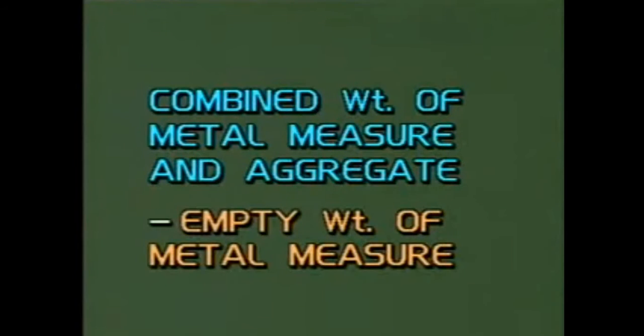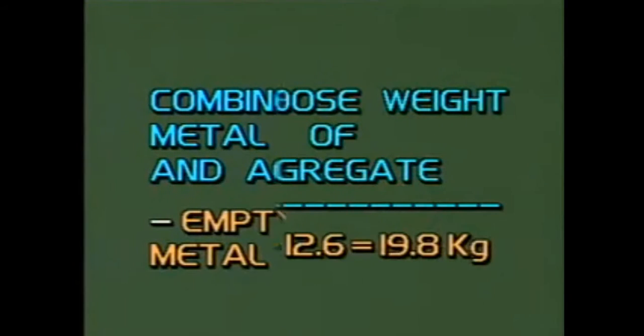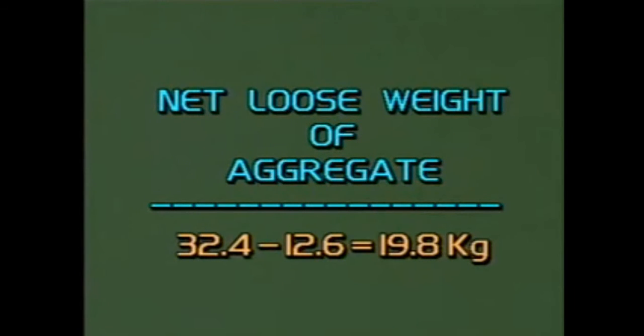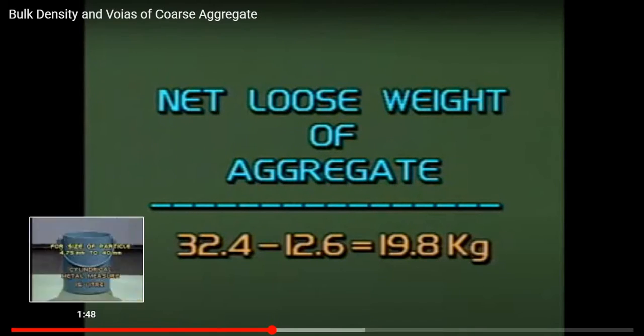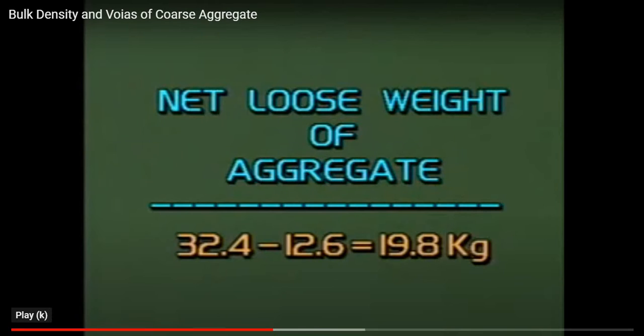The net loose weight of the aggregates can be determined by subtracting the empty weight of the metal measure from the combined weight of the metal measure and aggregates. This comes out to be 32.4 minus 12.6, which is equal to 19.8 kilograms. Here 32.4 is the weight of the loose aggregate plus the container, and we subtract the weight of the container because we only want the weight of the loose aggregate.